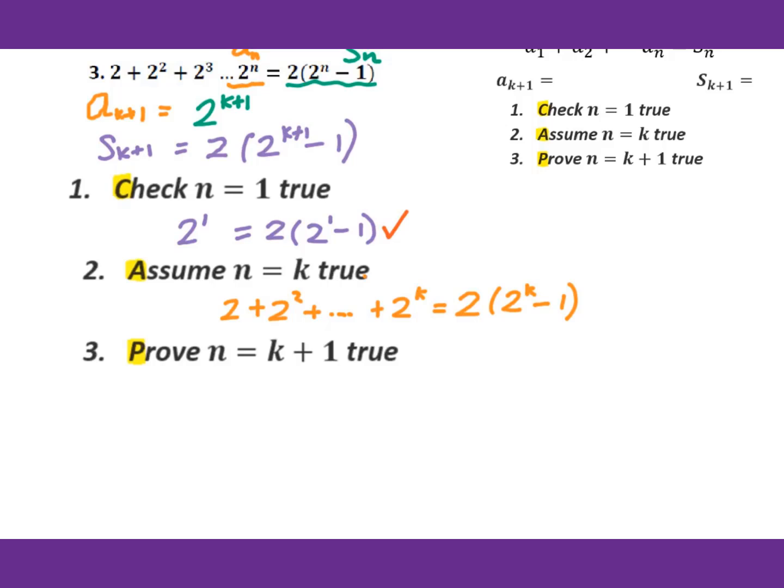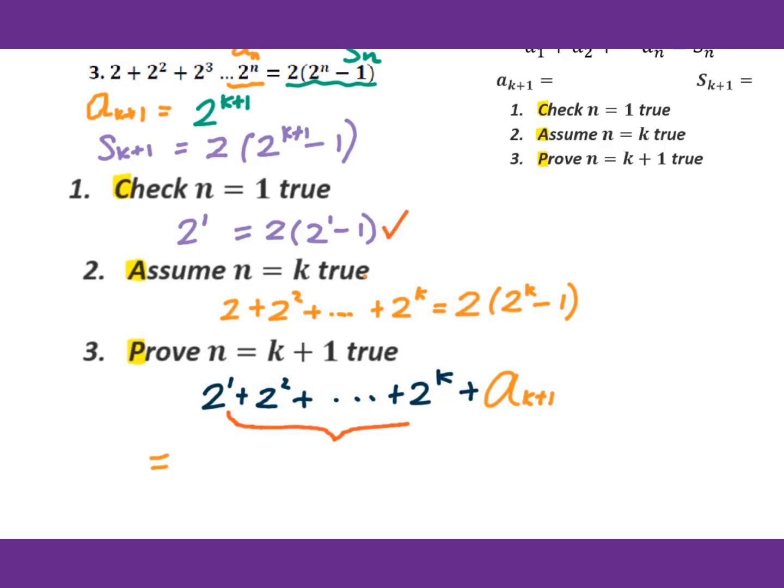Now we want to prove n equals k plus 1 true, based on n equals k true. Therefore, on the left side, when n equals k plus 1, we will get 2 to the first power plus 2 squared plus ... 2 to the k's power plus a sub k plus 1. Then next step, just a plug-in game.